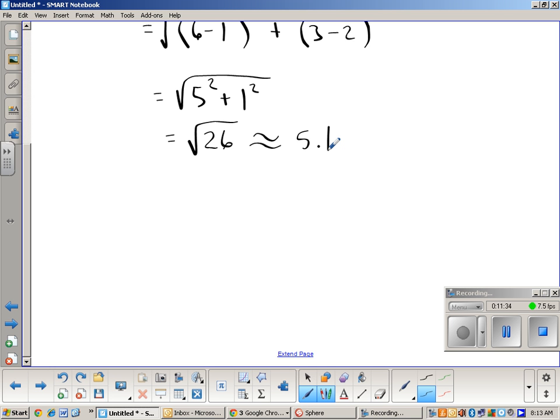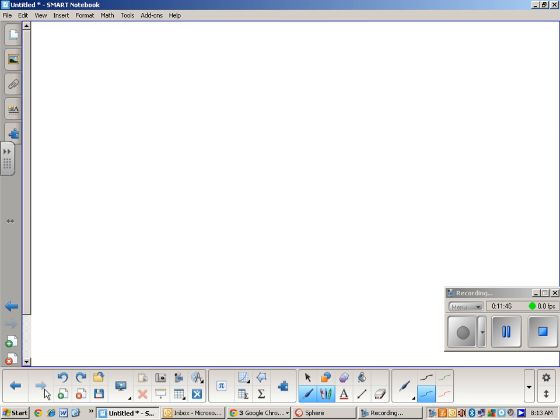Okay, page 10. Number 27 has multiple ways of working this out.